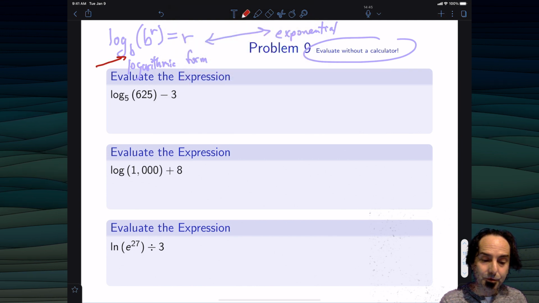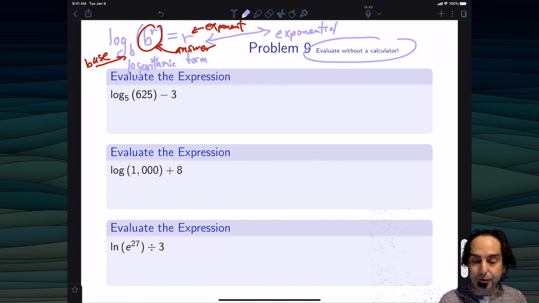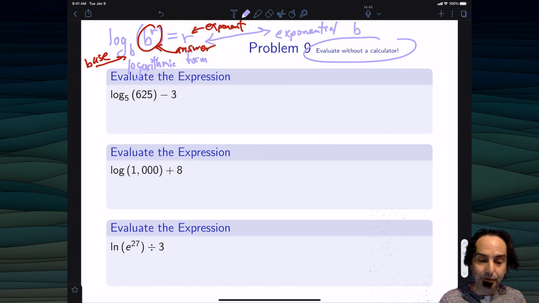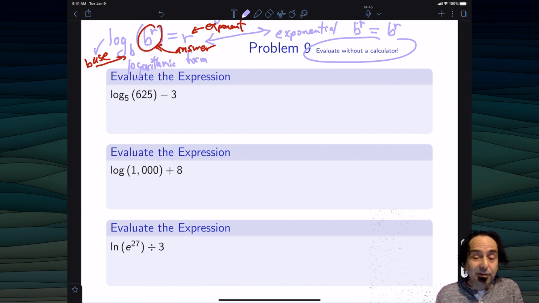We need to know two things. The base is b, and the exponent is r, and then b to the r, that's the answer. So putting this logarithmic equation into exponential form, we have the base to the exponent equal to the answer.